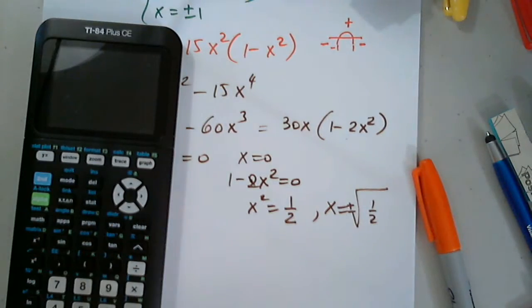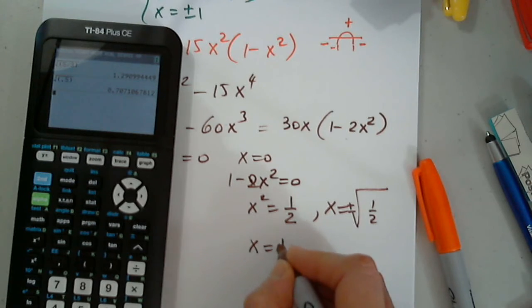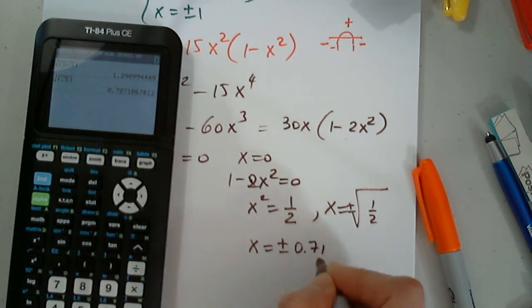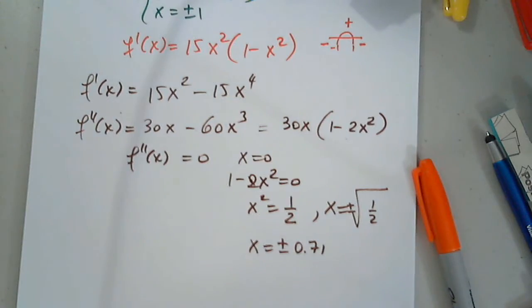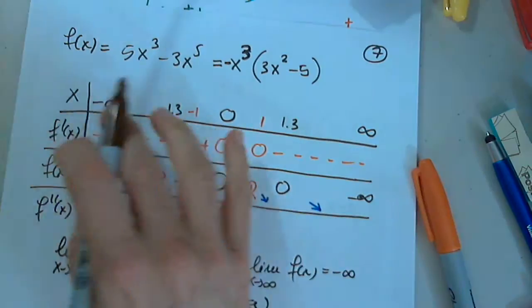And it crashes with all my points, and I have to build my table again, because they're so close to each other. I don't have to, but I will. So x equals plus or minus 0.71. I don't want to squeeze 0.71 here and here. You don't have to do that.